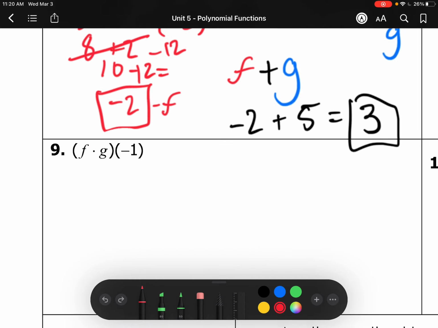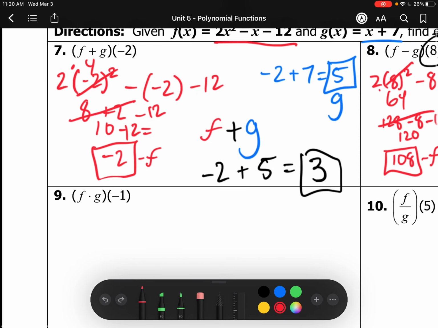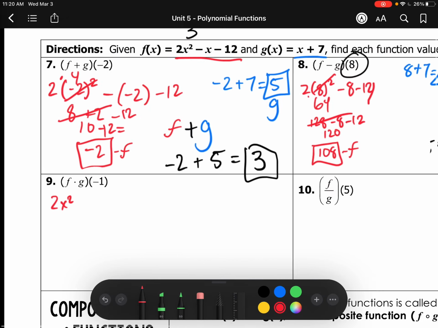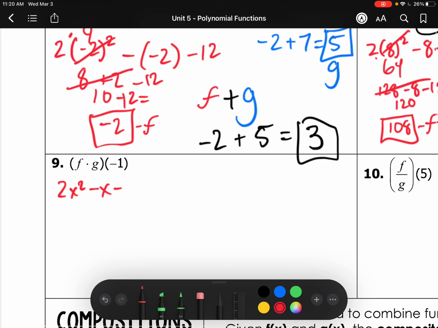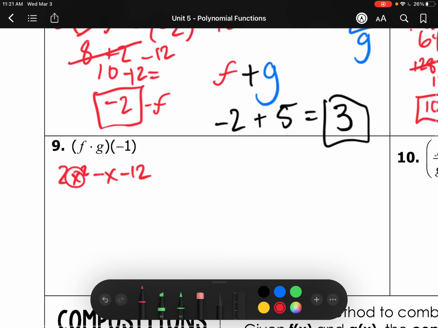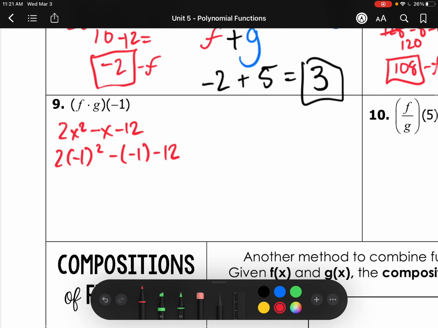So in this case, I'm going to take function f, which is 2x squared minus x minus 12. I'm going to replace these x's with -1. So we have 2 times -1 squared minus -1 minus 12. Now I'm going to solve for this f value. -1 squared is +1, right?